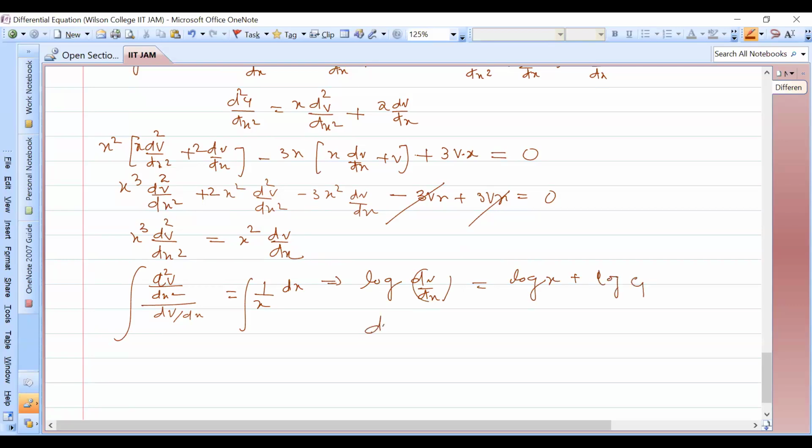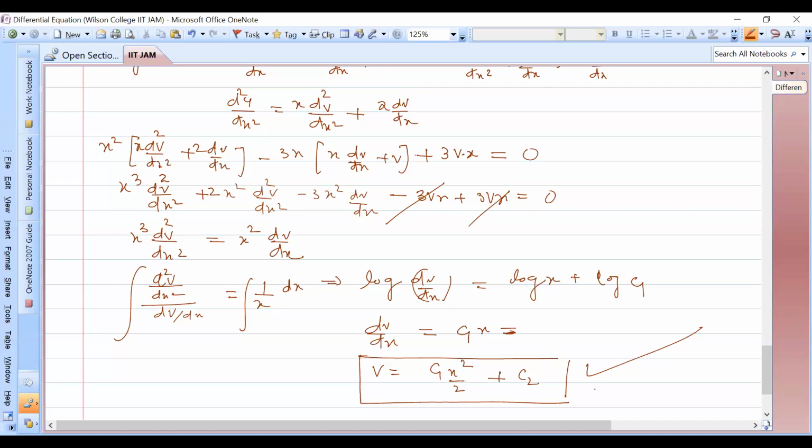Or this can be written as dv upon dx equals c1x. Again integrating, this is c1 x square by 2 plus c2. See, you have derived the result in v only.